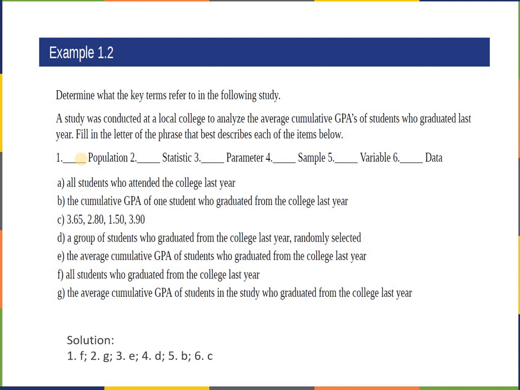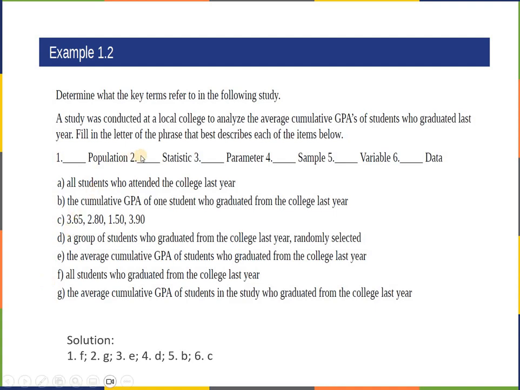Number 2, statistic. The statistic in this case is going to be the average cumulative GPA of students in the study who graduated from the college last year. So the average GPA that comes from the sample is going to be our statistic. That is what that sentence says.